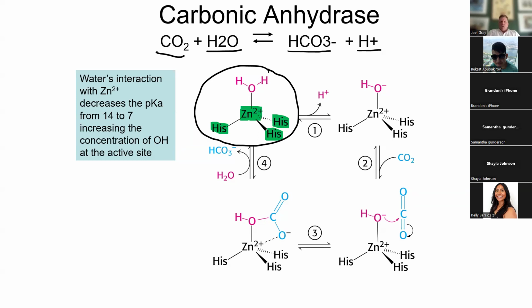Now, have we seen another instance of a histidine residue holding a divalent cation in place, or helping to hold a divalent cation in place? Spoiler alert, yes, we have. Does anyone know where we've seen a histidine residue help to hold a divalent cation in place? I'm going to give you a hint.